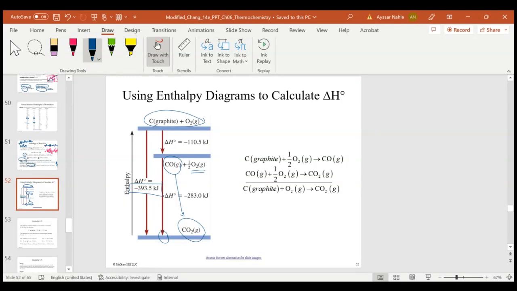If I add both together, the CO and CO will get cancelled. That's the intermediate. And therefore, I will obtain carbon plus 1 O2, because half and half is 1, and this will give me CO2. This is the final reaction, all right? And this final reaction will have a certain delta H naught.